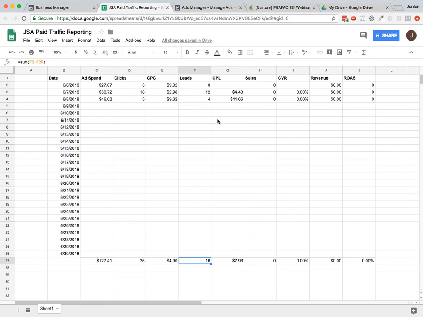Now, if we go back to our paid traffic reporting sheet, we're going to keep reporting on this on a daily basis. Again, I would not expect to see any sales until I've spent $1,000.